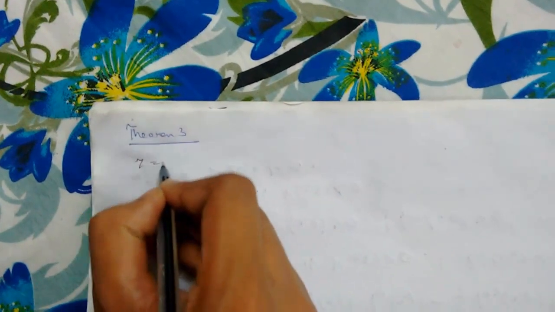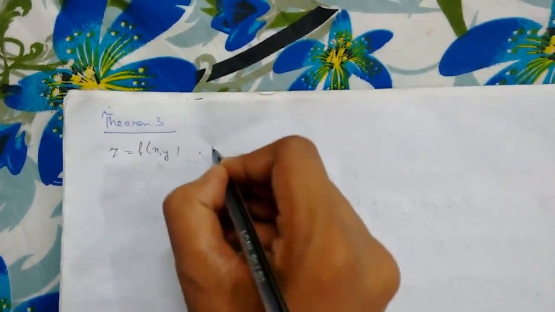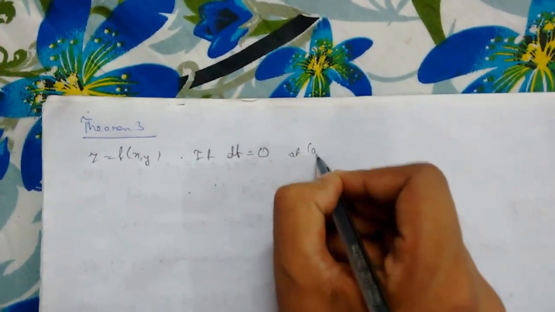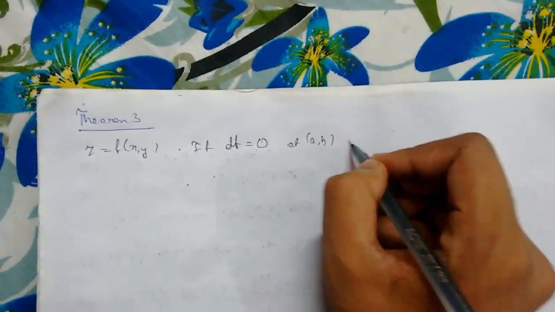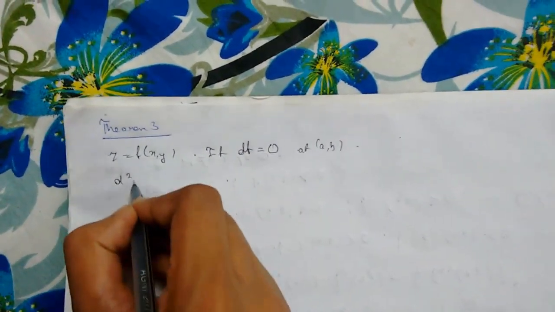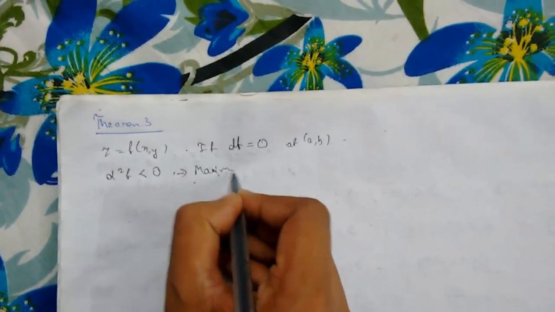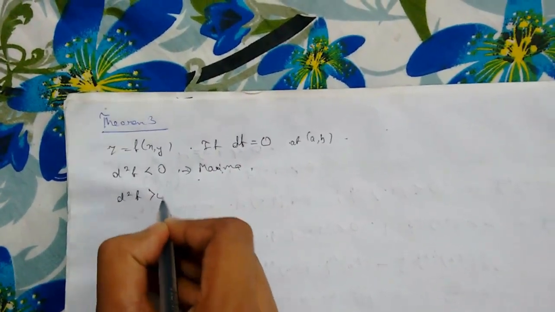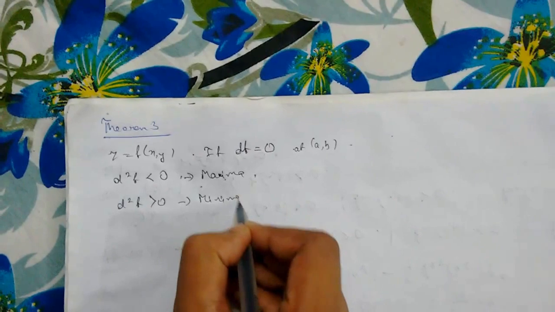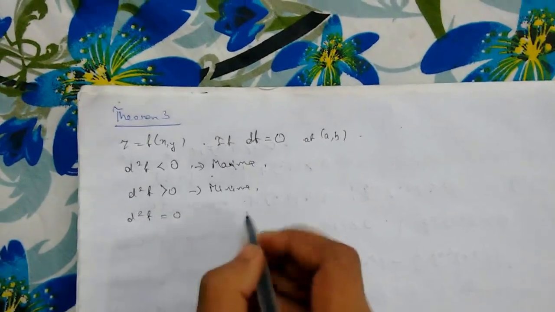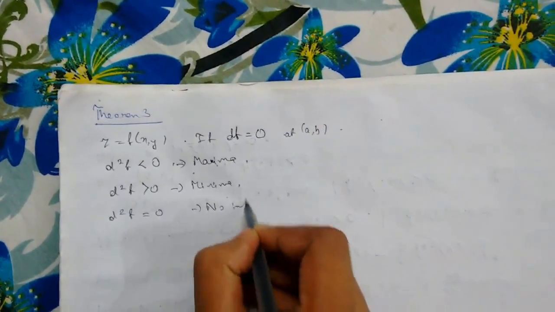That is basically an alternate condition for z equals f(x, y): if df is 0 at a point (a, b), then (a, b) is called a maxima if d2f is less than 0, and for minima, d2f must be greater than 0, and nothing can be said when d2f equals 0, so no inference.